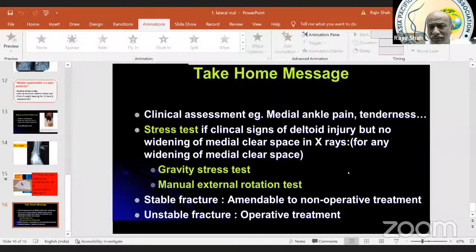So this was a short slide presentation, which all of you know, fortunately. Anybody wants to comment? Sir, in these cases, when should we repair the deltoid ligament? Okay, just be patient because there is something I'm going to talk about very soon.